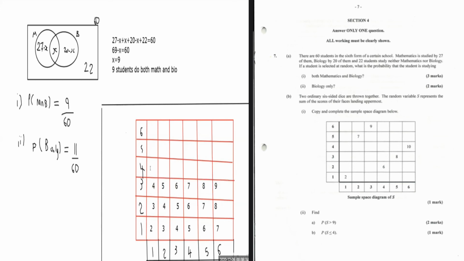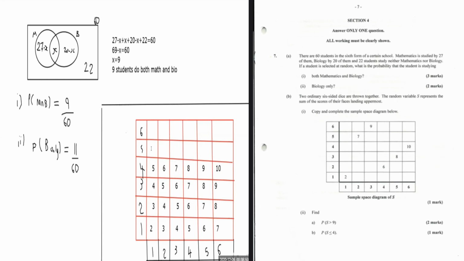So right here now, which is just going to be 4 plus 1, 5, 4 plus 2, 6, 4 plus 3, 7, 4 plus 4, 8, 4 plus 5, 9. Then here it's going to be 4 plus 6, which is 10. Nice and easy.